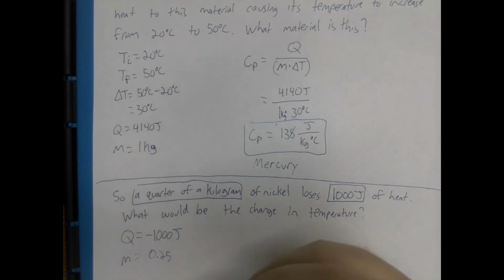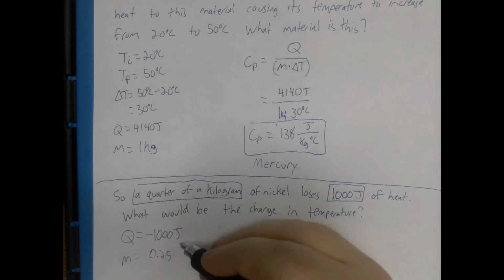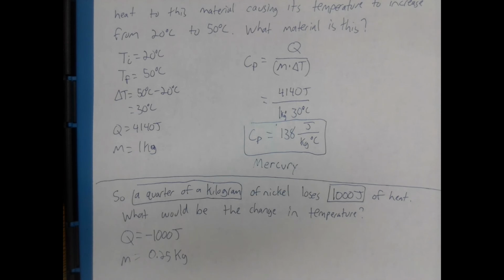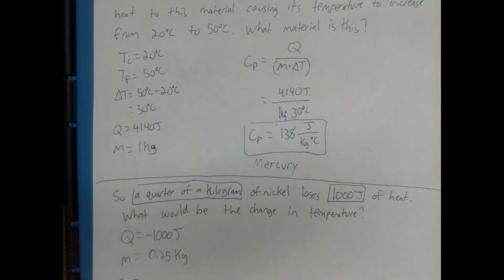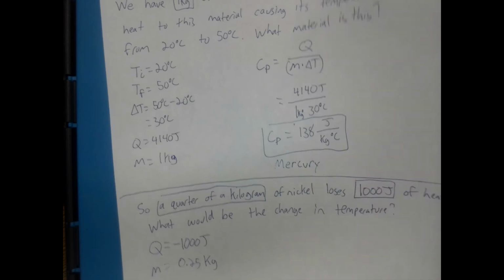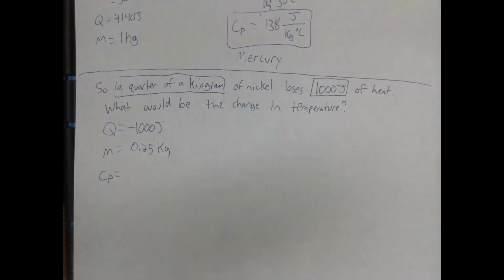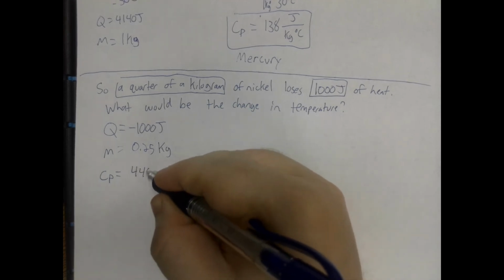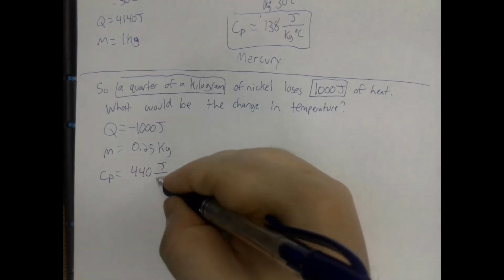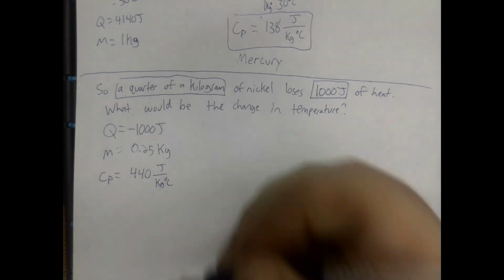Make sure you include the 0 before the decimal. And looking at the table, we can look up the Cp value of nickel. Nickel has 440 joules per kilogram degree Celsius.